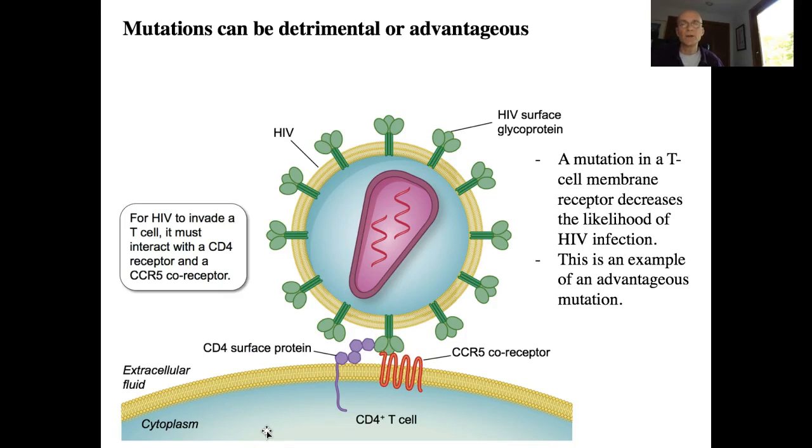So that's an example of a mutation that has an advantage for the individual that has it, and the population that might have this particular allele more frequently present.